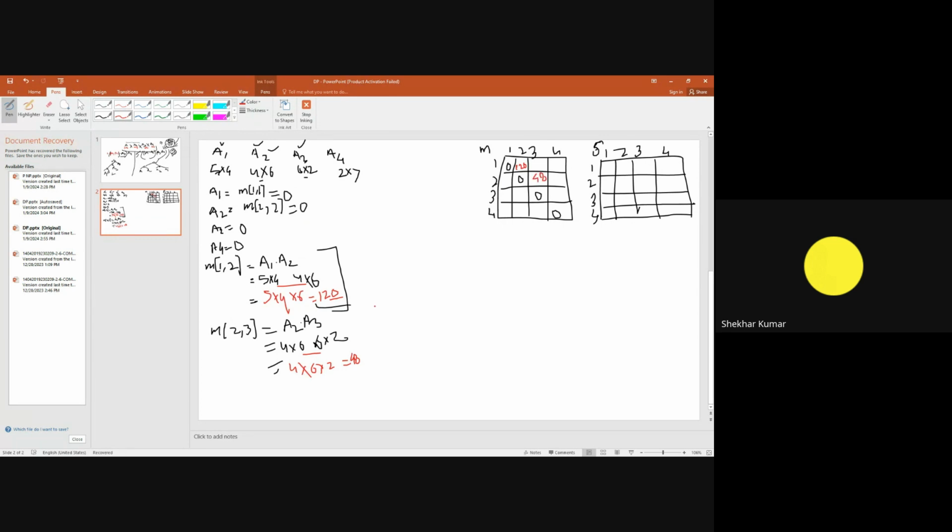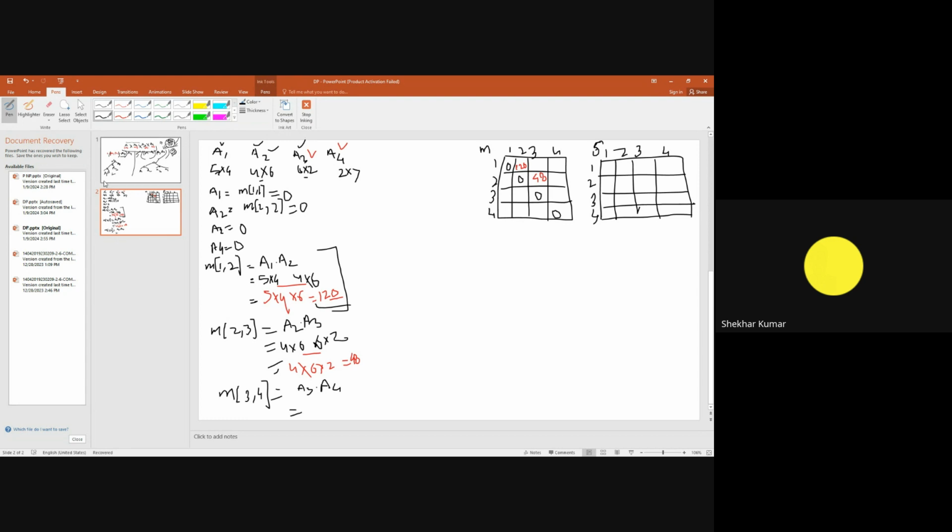Now one more, I will multiply the A3 matrix with the A4 matrix. That will be M of 3,4. A3 multiplied with A4.